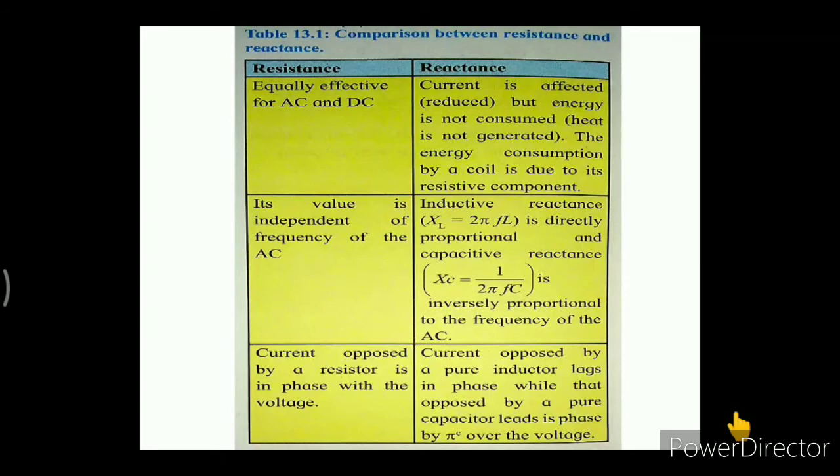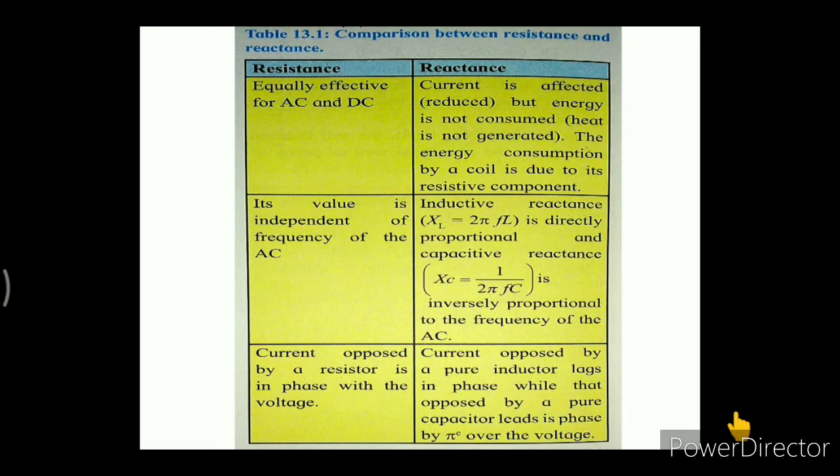And when the capacitor is connected across the circuit, the EMF or voltage across the capacitor lags behind the current by the phase angle pi by 2 radian, or current leads the EMF or voltage by pi by 2 radian.